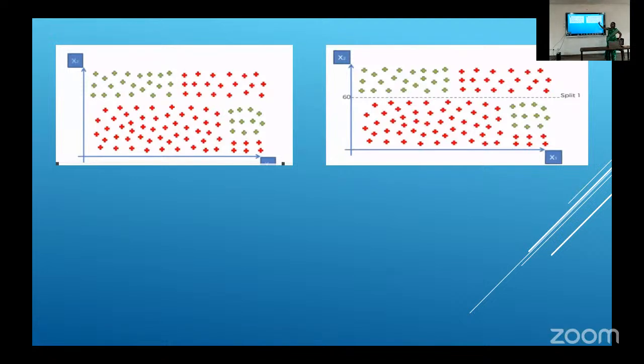Here I have done one split. Means for my parent node, I have done 2 child nodes. 2 splitting has been happened. In this, can I do more splitting of data? Can I do? Yes or no?